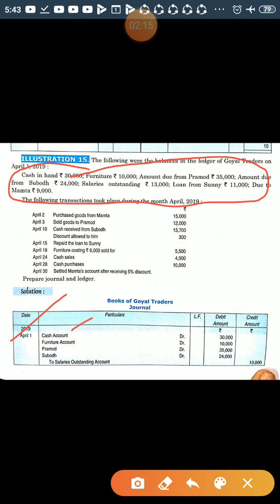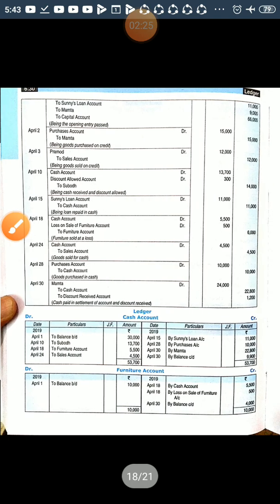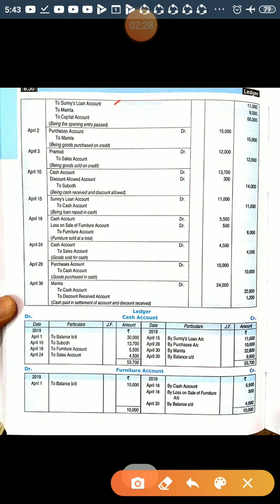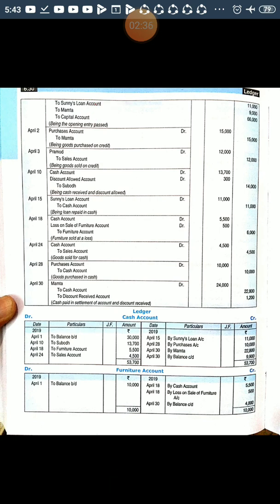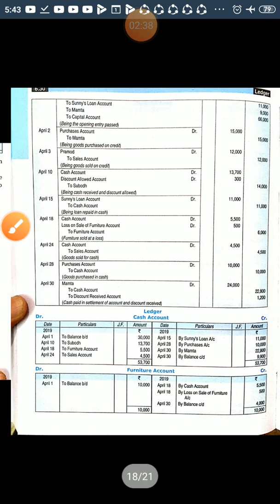So cash account debited, furniture account debited, Pramod account debited, Subodh account debited, to salary outstanding, to Sunny's loan account, to Mamta, to capital account. This is the opening entry. Now post them into the ledger.